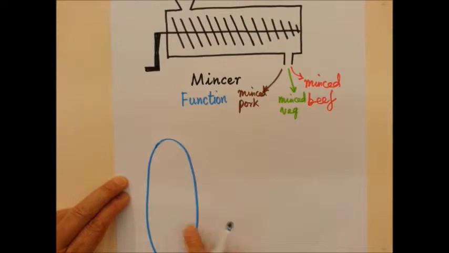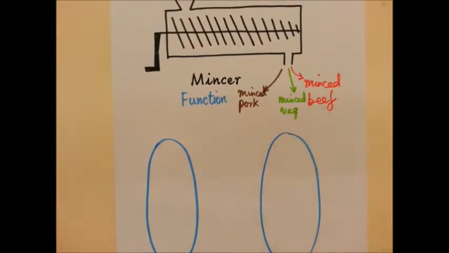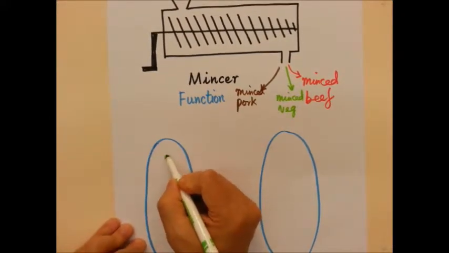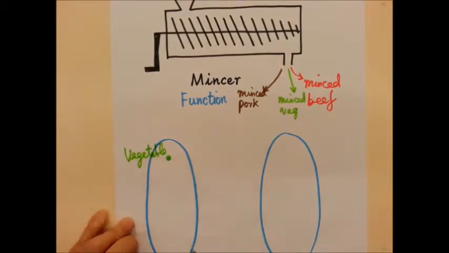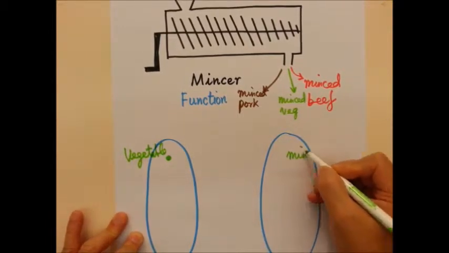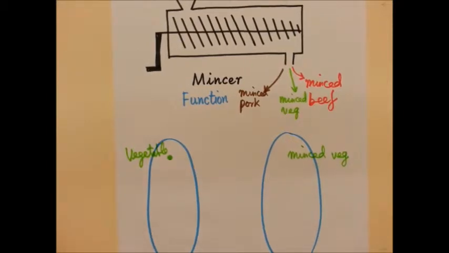This is the input, and here is the output. Okay? Now, when you put a vegetable here, it will come out to be minced vegetable. Okay?